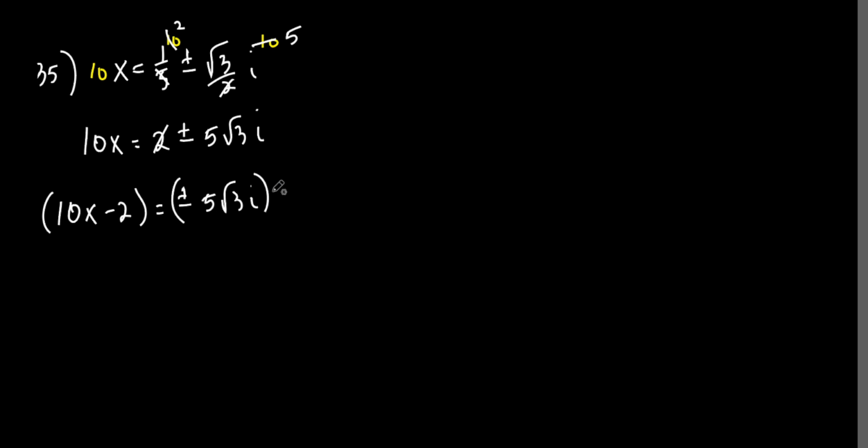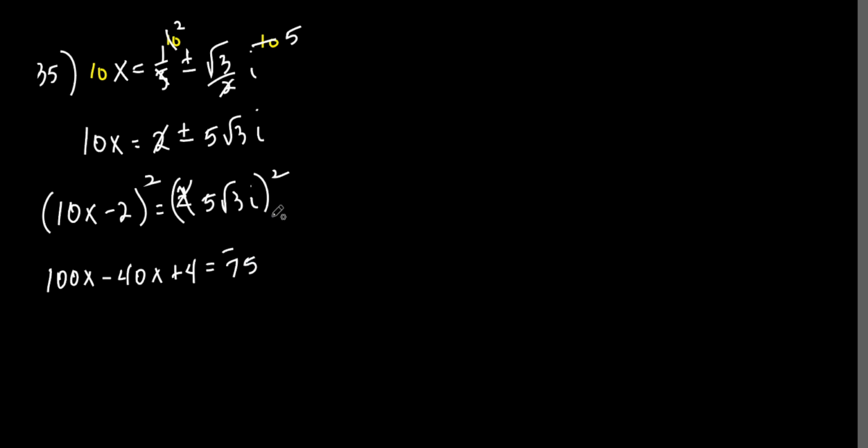What do we do? Square both sides. Can we do this in your head now? Watch. 10x minus 2 squared, what's that? 100x squared. That's 20. Negative 20. You double it, it's what? It's negative 40x. What's the end of it? Plus 4 equals, what's this? We don't have to worry about that. Square that's 25. Square that's 3. That's 75. But there's the i squared.